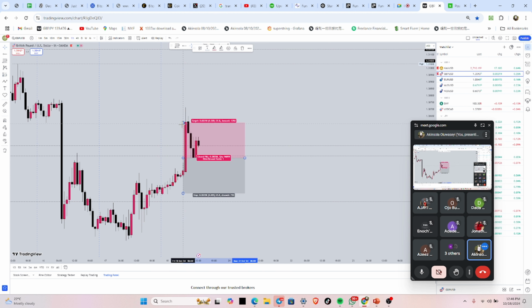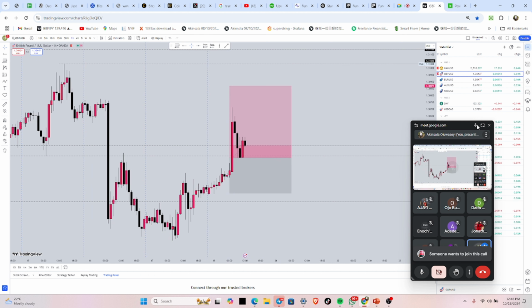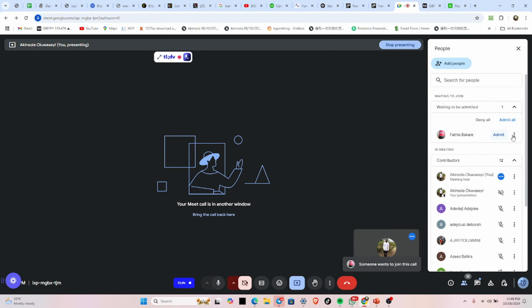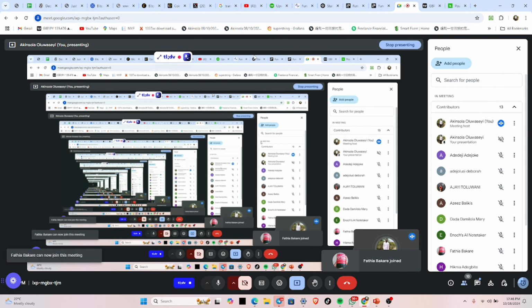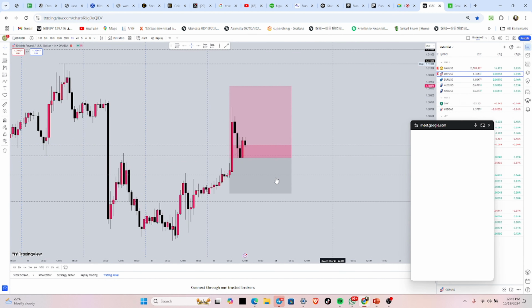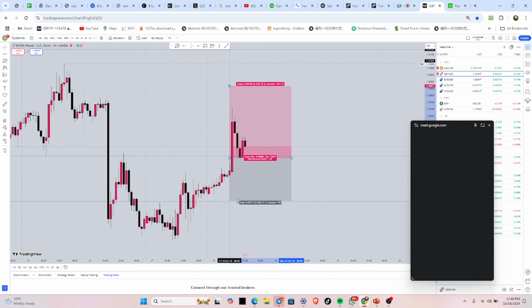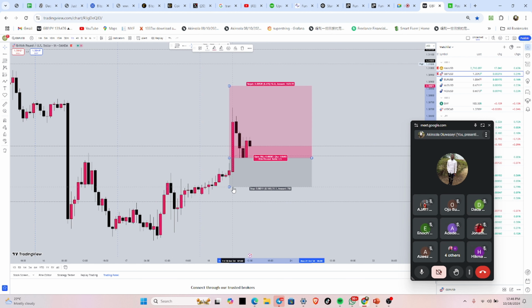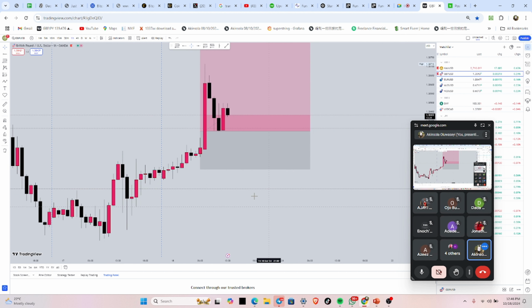This is the mechanized one. Your TP should be above your entry point, while your stop loss should be below your entry point for a buy order. So now, can you see here, written here, if you can see my screen very well, it is written here 21.1.